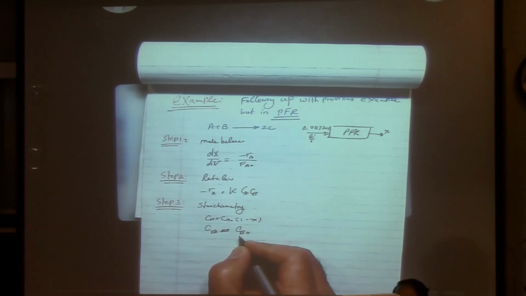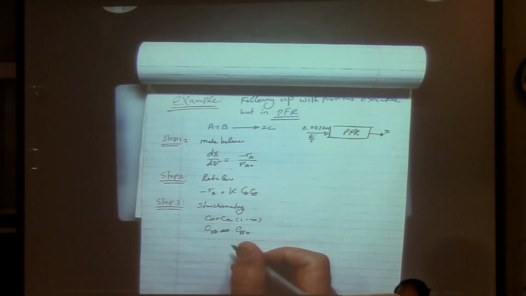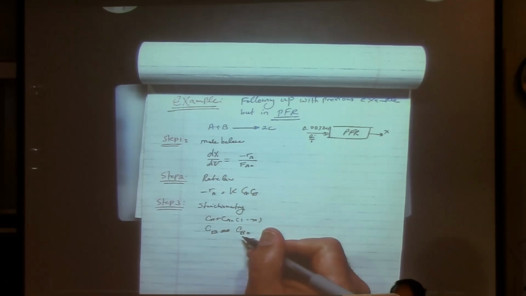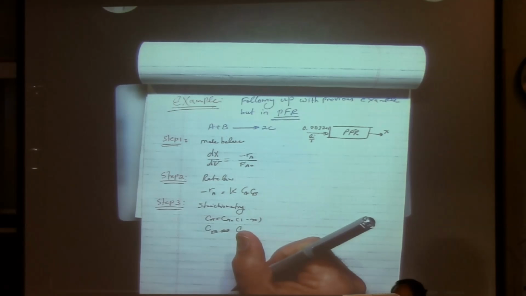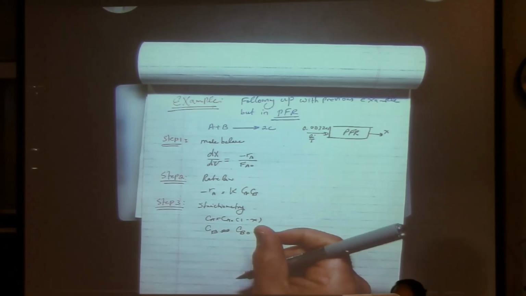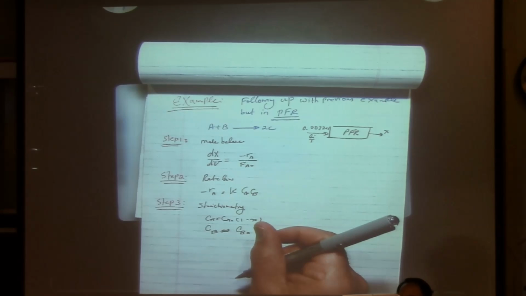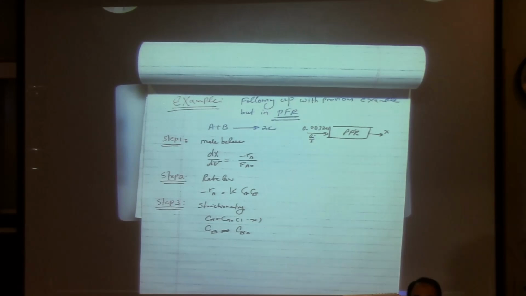But otherwise, if that was not the case, CB would have been CB0 times theta minus X, depending on what theta is, which can be 1 or 2. So it would be a fraction of the ratio of the conversion produced. Obviously, if it's 1 to 1, it would be CB0 times X.